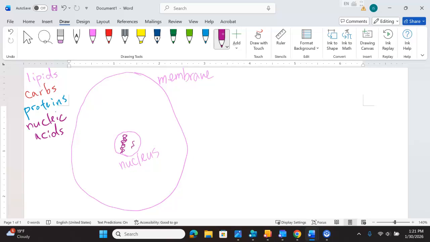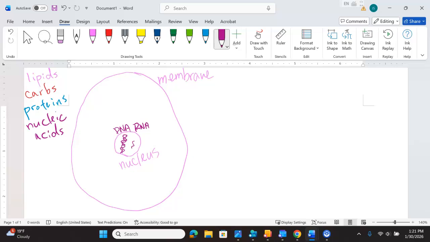This is a lot smaller than the DNA, so it is able to exit the nucleus through some very small pores. So this is RNA and DNA, and those are in the nucleus. Those are both nucleic acids. That is the material that we find inside the nucleus because that's what they're made of.